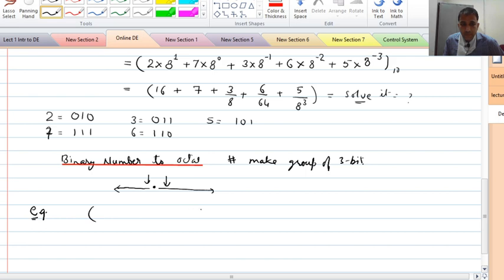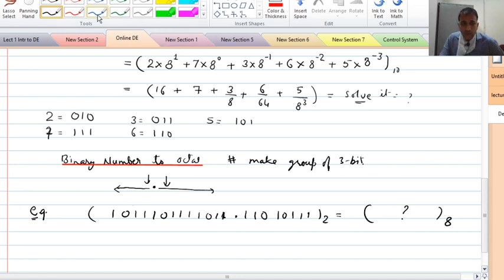we want to convert 1 0 1 1 1 0 1 1 1 1 0 1 1 point 1 1 0 1 0 1 1 1, and we want to convert it into its equivalent octal number.